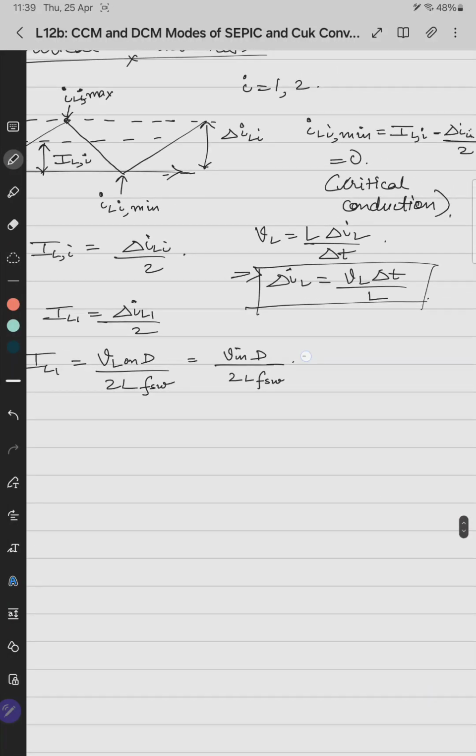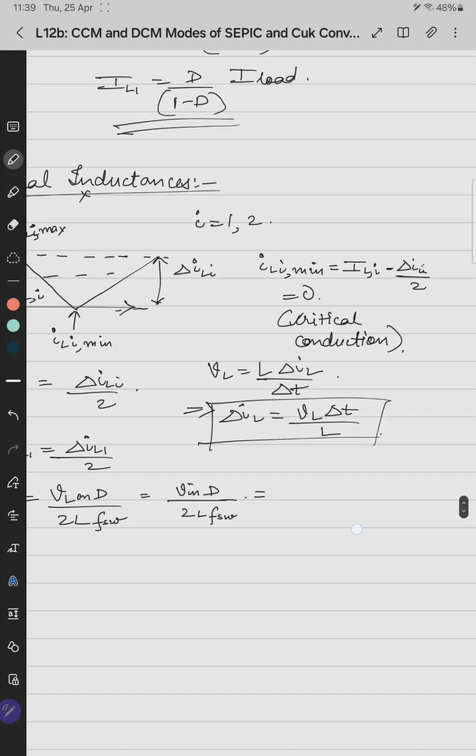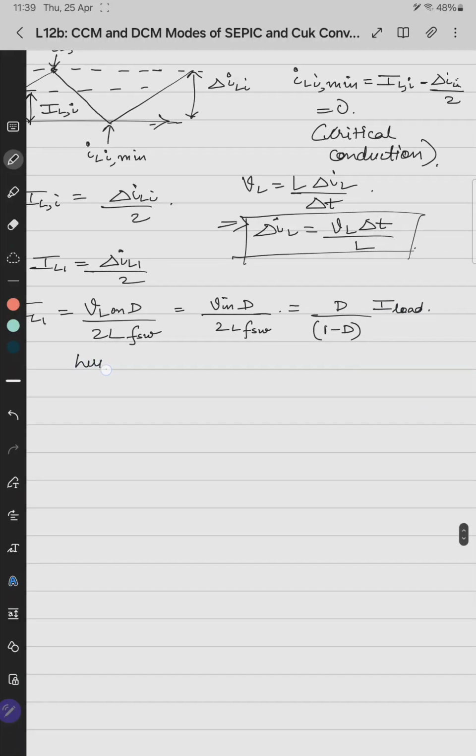And we'll write IL1 in terms of load. What is IL1? D by 1 minus D into I load. So here L equals L critical.